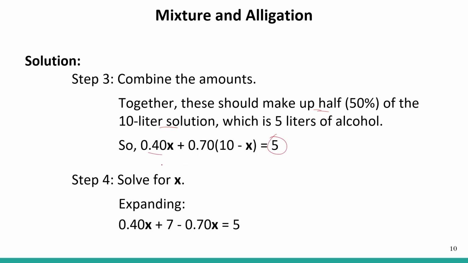So 0.4x plus 7 minus 0.7x is equal to 5. So minus 0.3x is equal to minus 2, so x is equal to 2 by 3 into 10, that is 20 by 3.